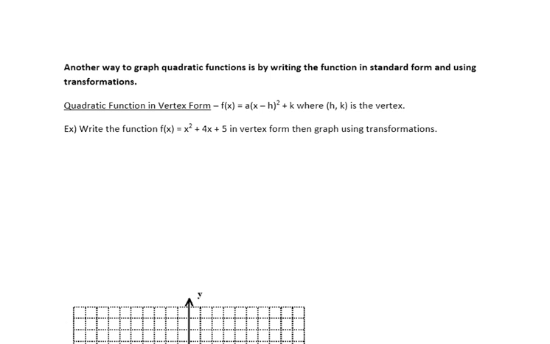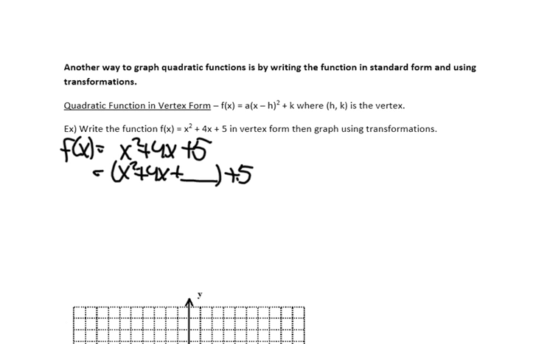How am I going to get that quadratic function equation into vertex form? We're going to be completing the square. So let me rewrite. So it's going to be written as this.